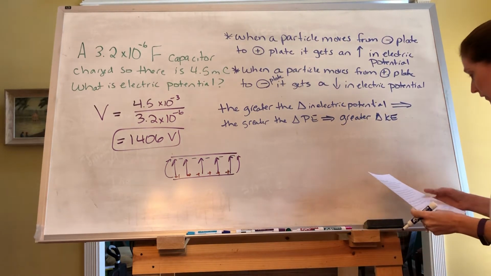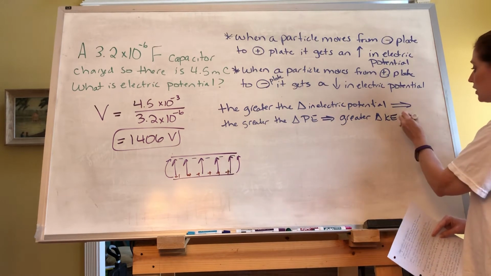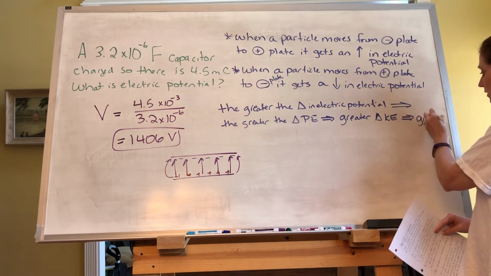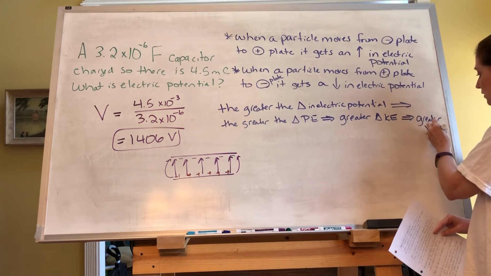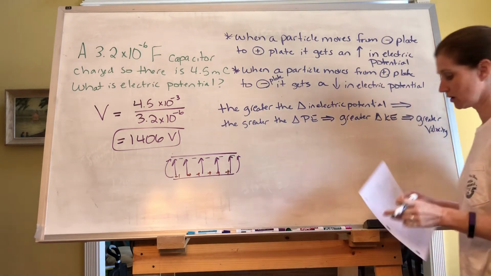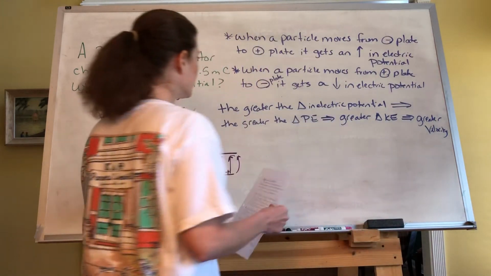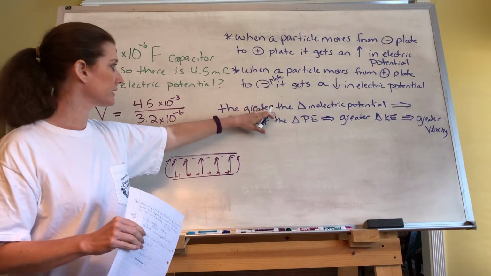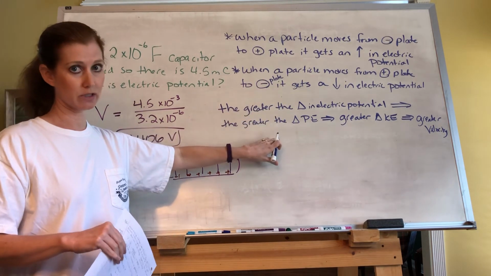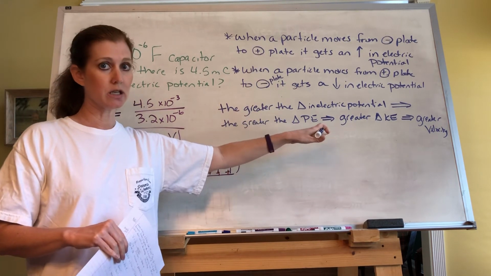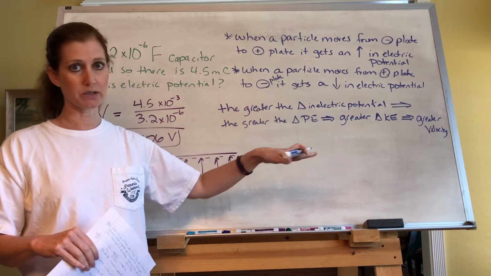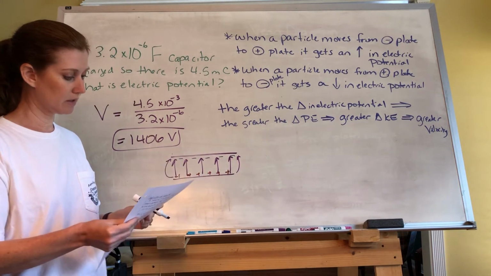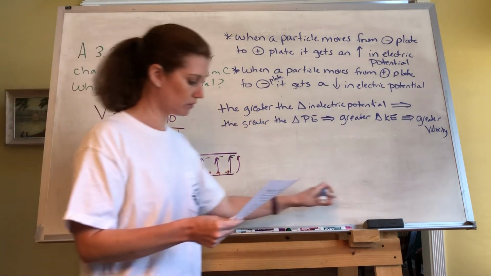And then from kinetic energy we would get the speed, greater velocity. So all those things just compound on each other. Increased electric potential will increase the potential energy, which will increase the kinetic energy, which will increase the velocity. All right, so we're going to do one more example.